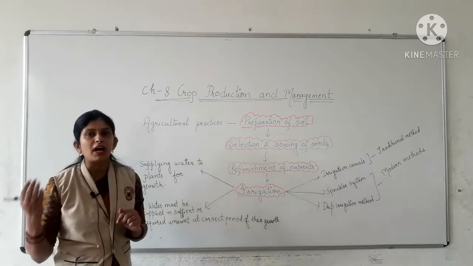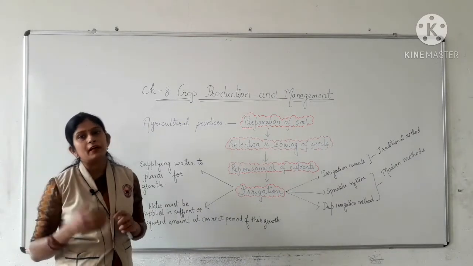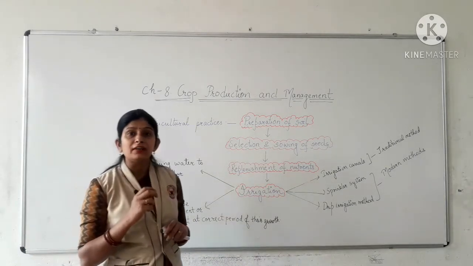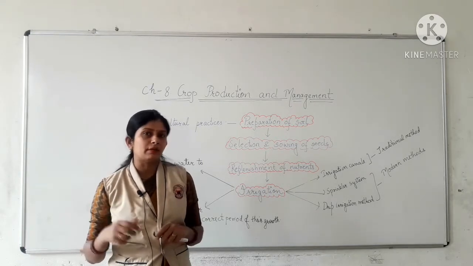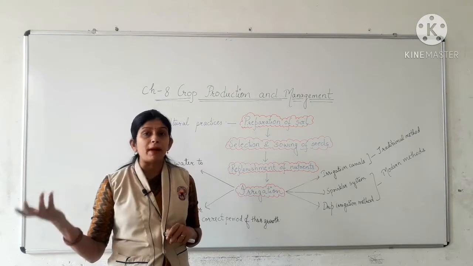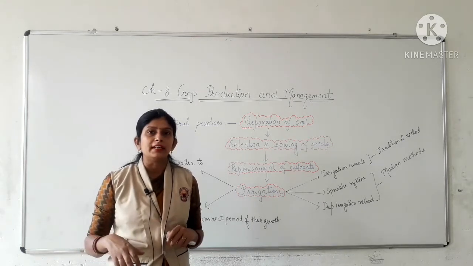Different types of plants or crops require water in different amounts. For example, crops like wheat require water in comparatively less amount, whereas crops like rice or paddy need water in large quantity.